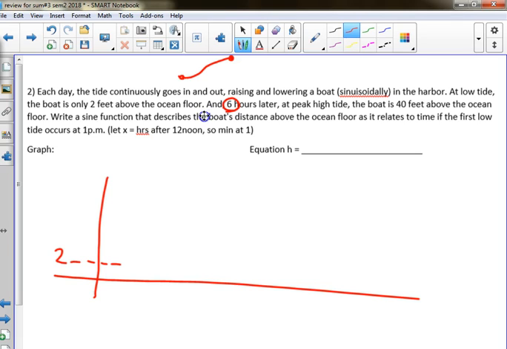I could do a negative cosine, probably. What's the period going to be? 12, because this is only half a period, right? And it says the high tide is at 40.